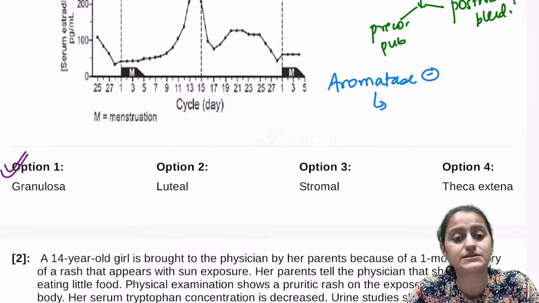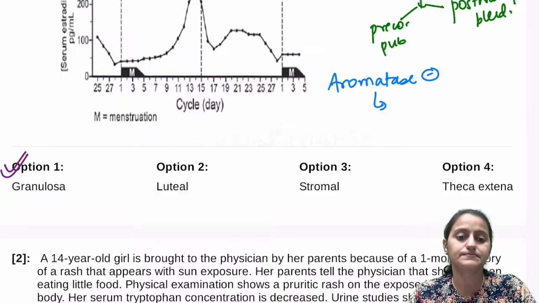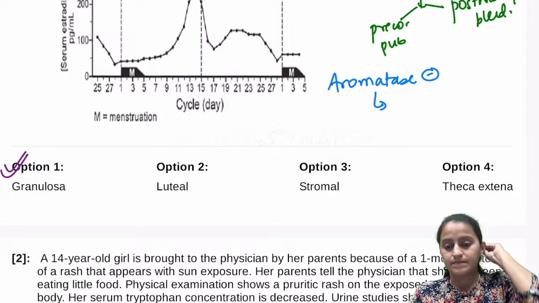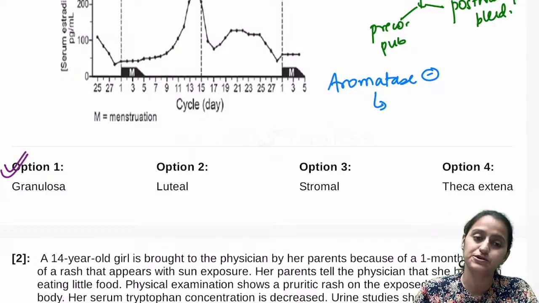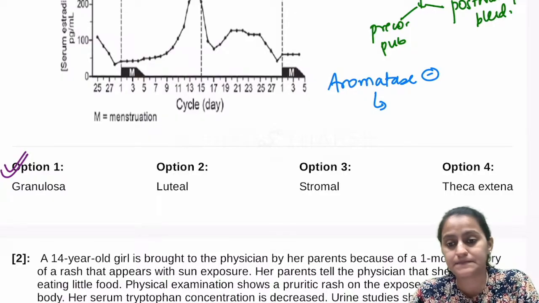Which drugs are aromatase inhibitors? You use them in breast cancer. When you cannot use tamoxifen, then you use aromatase inhibitors like in postmenopausal females.